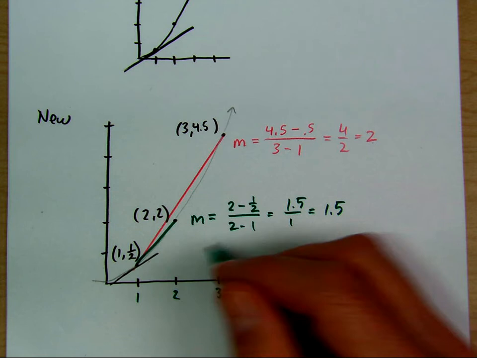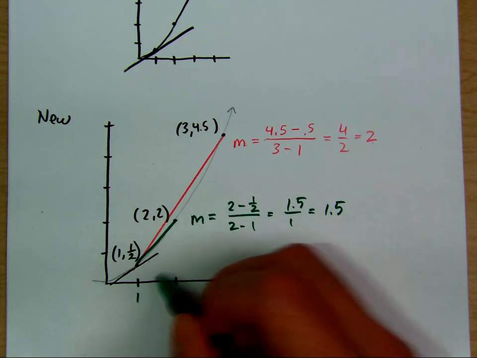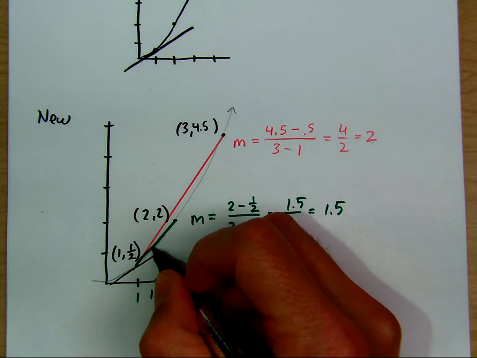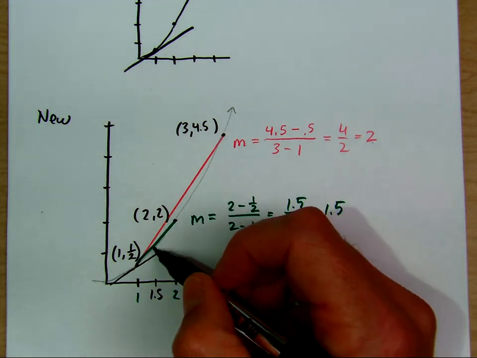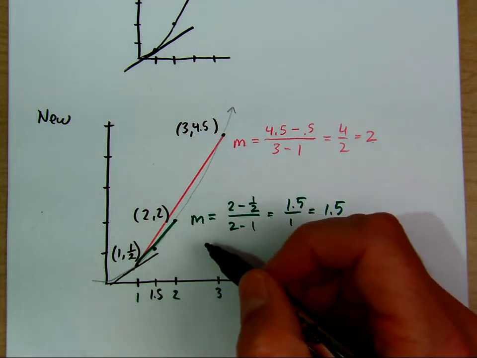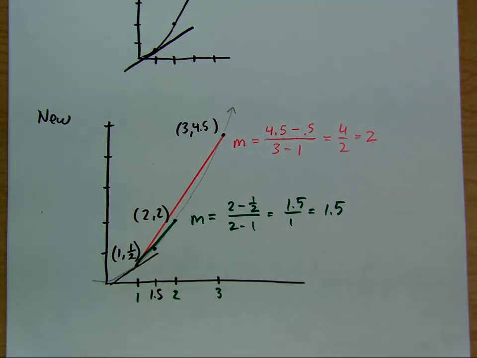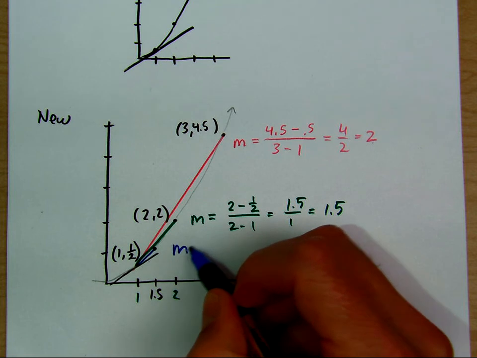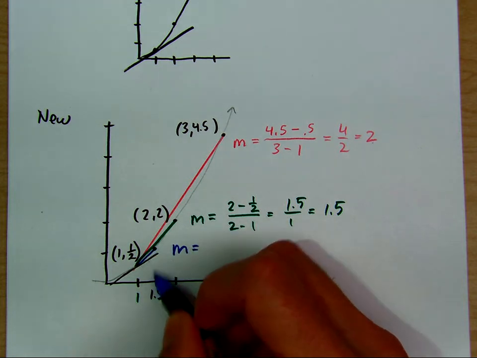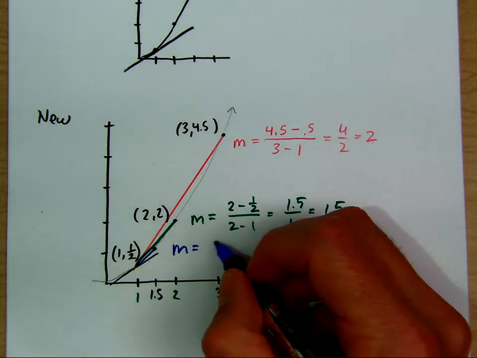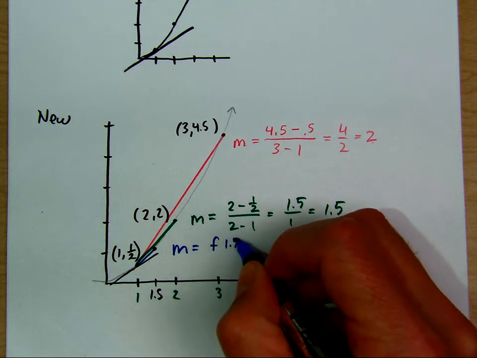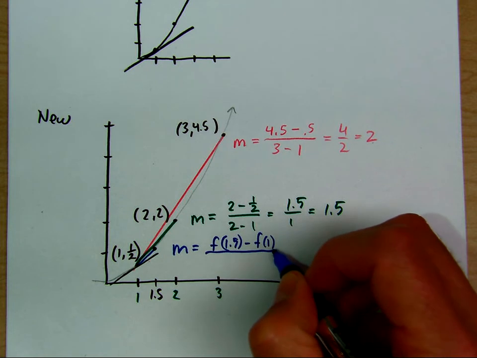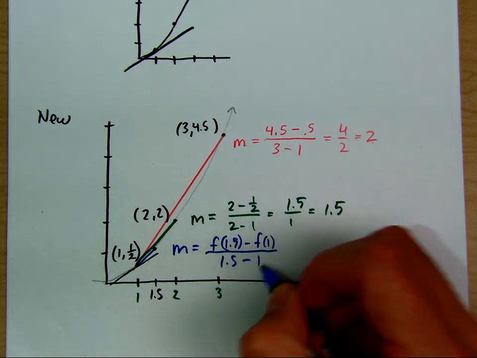So why don't we try 1.5? On the curve, we would have that one. So we have the slope of that point at 1.5. We're going to have f of 1.5 minus f of 1 divided by 1.5 minus 1.